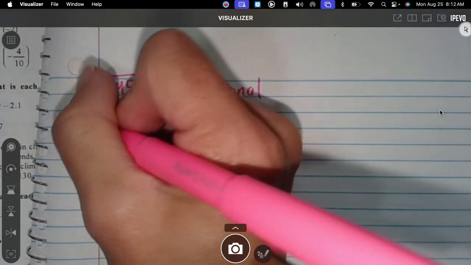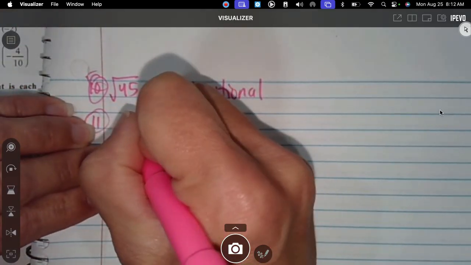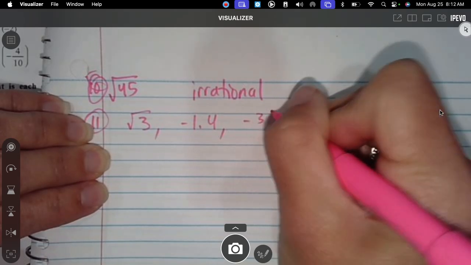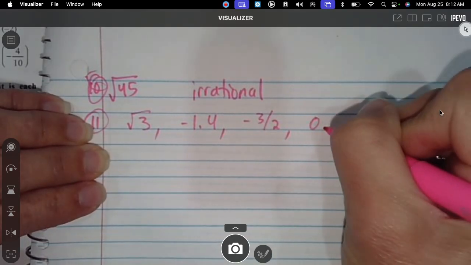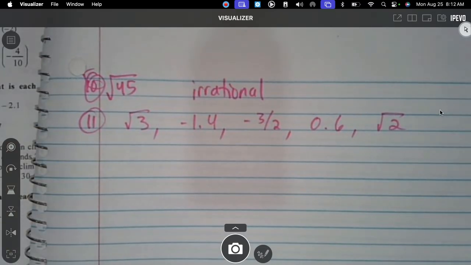Okay. Number 11, they give us this list of numbers. The square root of 3, negative 1.4, negative 3 halves, 0.6, and the square root of 2. And somebody always misses this one. Y'all make sure, just change them all to a decimal, and then let's put them in order.